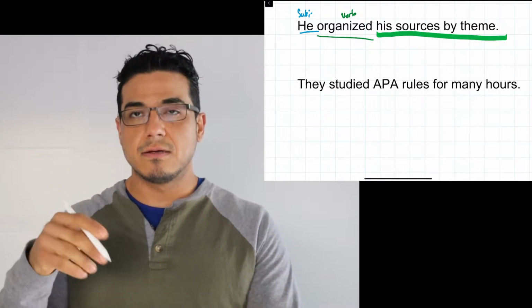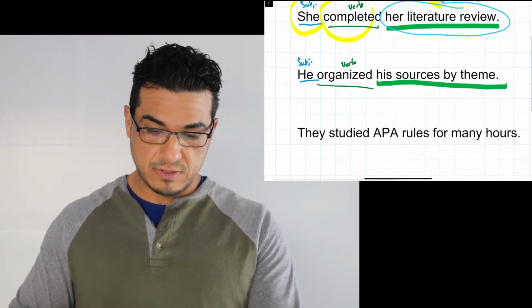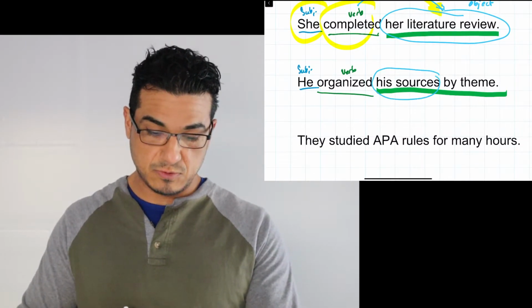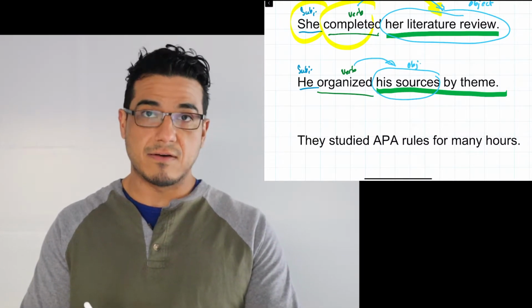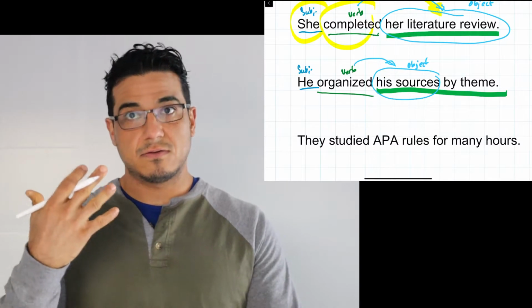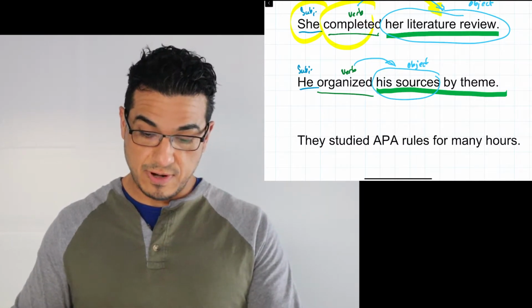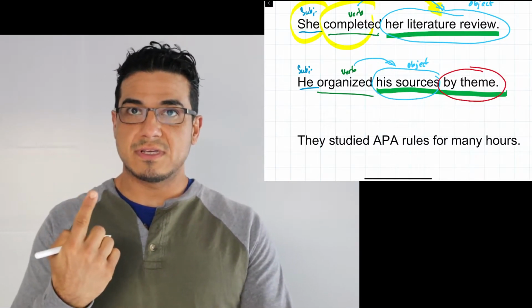So he organized. So that's what he did. Well, what did he organize? These are questions you just need to ask. Well, he organized his sources. That's what was organized. So this is your object of the verb, right? It's being impacted directly by the verb. And then you have what's known as a prepositional phrase. Anything more than one word is considered a phrase.